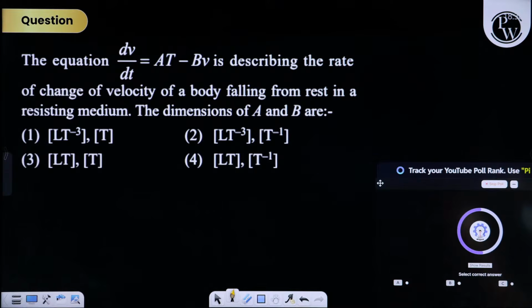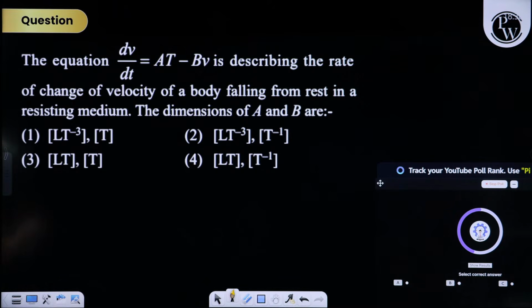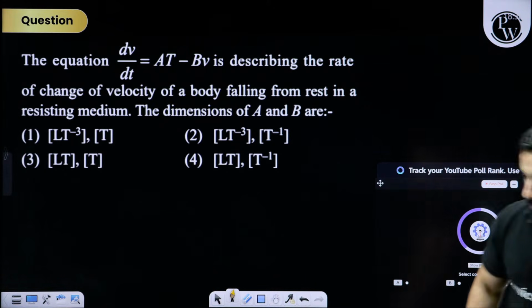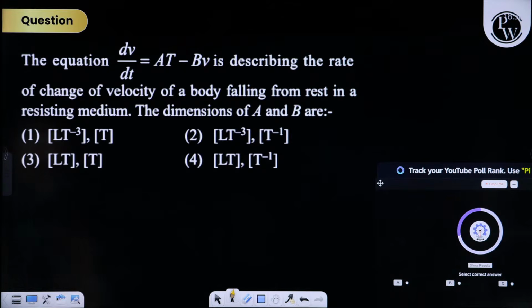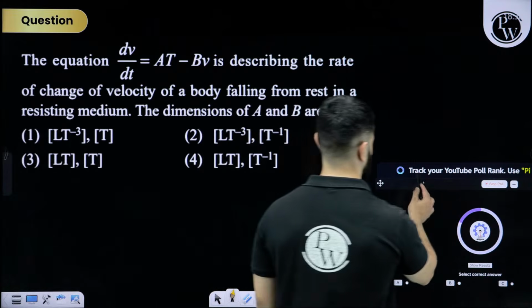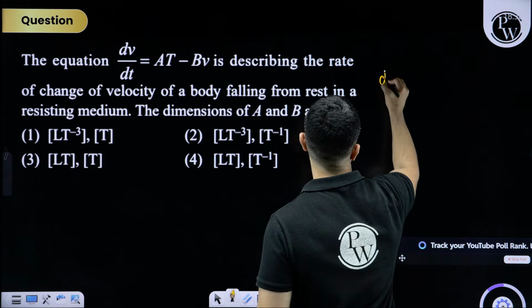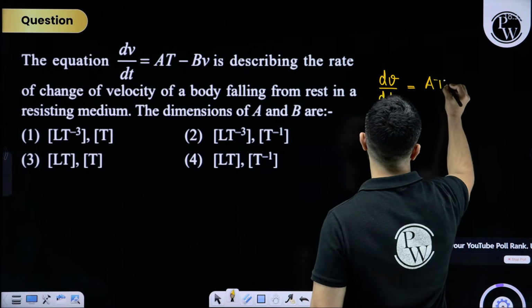Dimensions of A and B are... dv by dt, right, is equal to at minus bv.